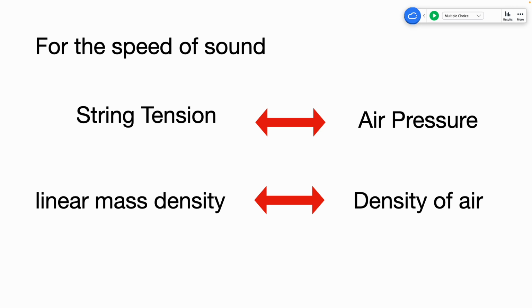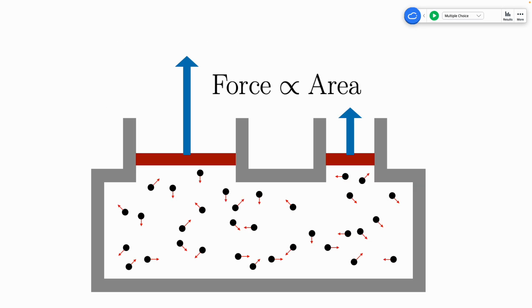And some kind of inertia, some kind of mass should play a role. So here, instead of using the tension of the string, for sound in air the force becomes the air pressure, and the inertia, the mass that plays the role, is just the density of air, the regular density you learn. But what is pressure?